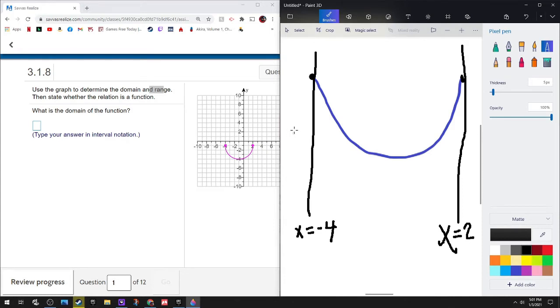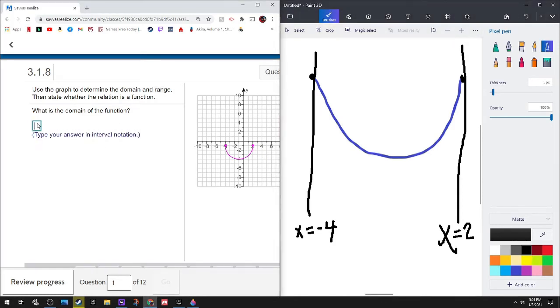It says type your answer in interval notation. This is a fancy way that we type this, so watch what I type before I type it. We're going from -4 all the way up to 2.